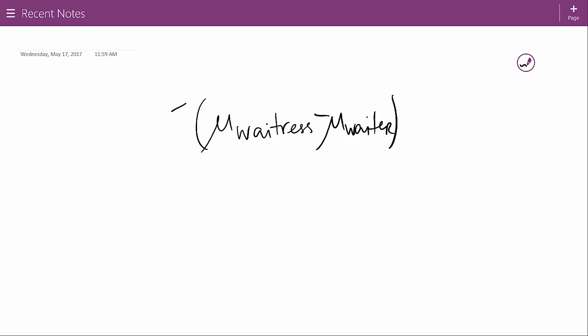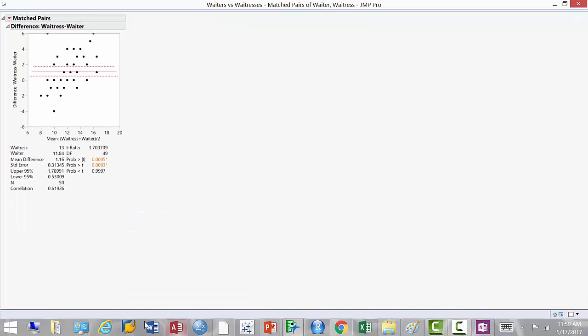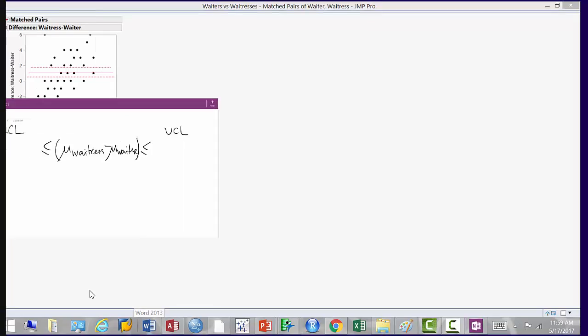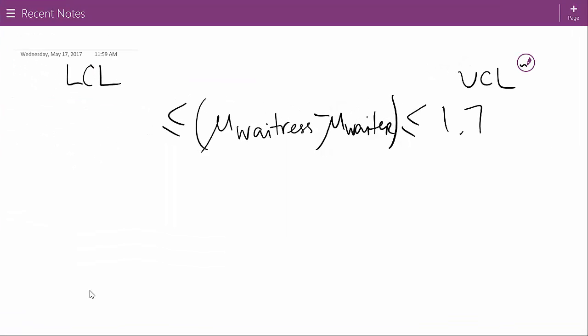And it is between the lower confidence limit and the upper confidence limit, right? And what are they? My lower confidence limit is 0.53 and my upper is 1.79. That's what my confidence interval tells me.